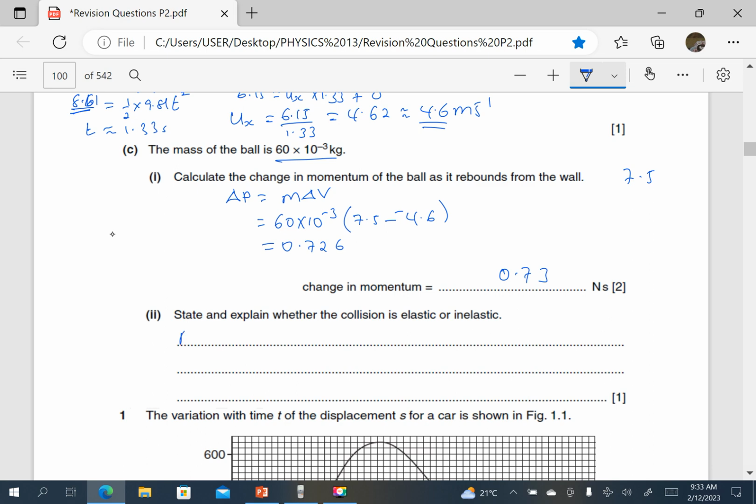So you can say the relative speed of separation, that is 4.6 minus 0 meters per second, is less than the relative speed of approach.